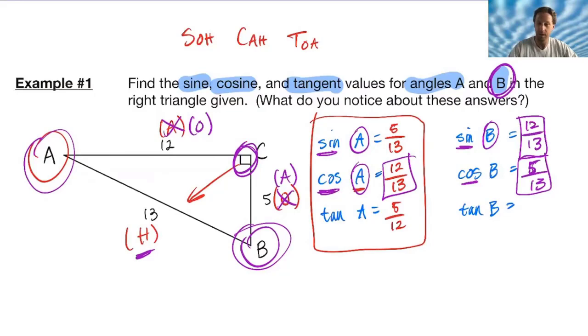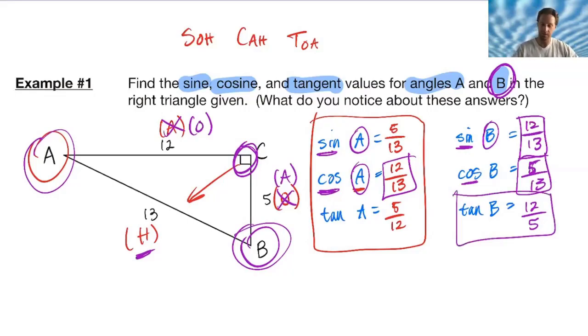However, you do have to be careful with tangent, because I know it doesn't say it's cotangent of the other angle, but tangent of angle B is actually equal to the opposite over adjacent. And notice that is the reciprocal. Just again, be careful, because sometimes they'll try to confuse you a little bit with cofunctions and reciprocal functions.